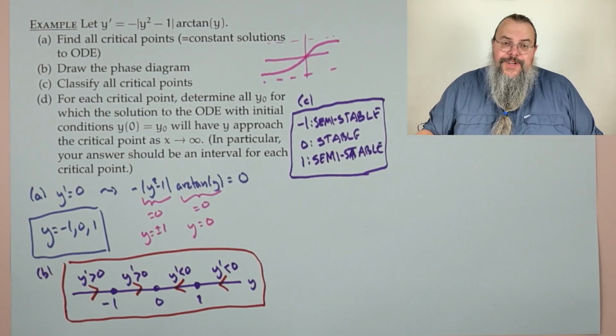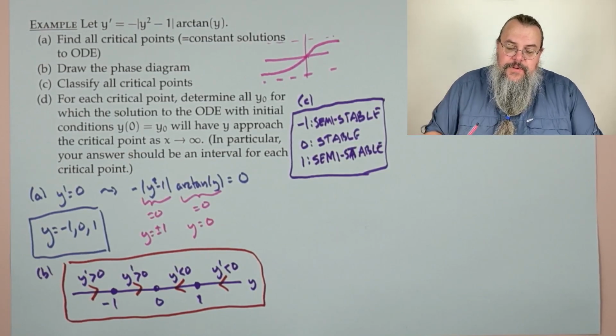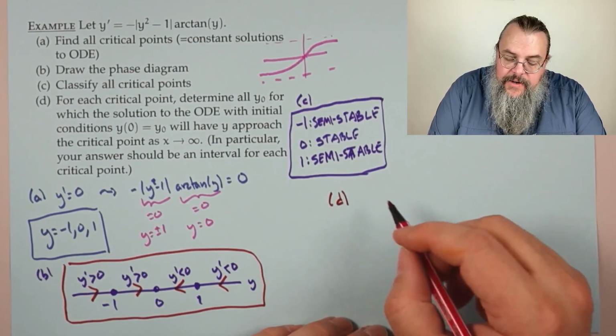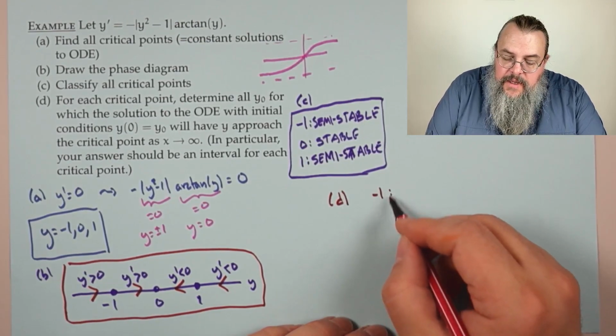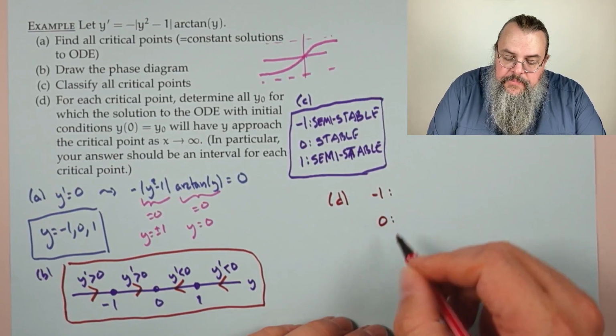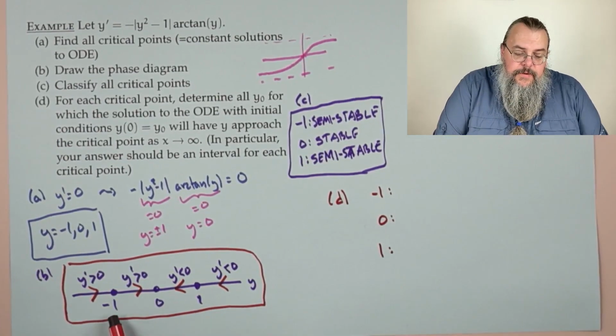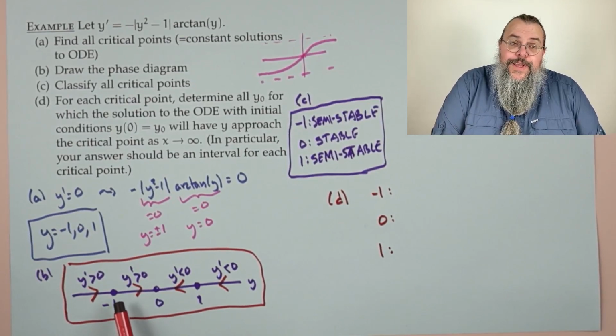All right, so what happens? Well, think about the diagram. The phase diagram makes this problem actually not bad. Say, okay, let's start with -1. Now the good news is if you start at a critical point, you stay at a critical point.